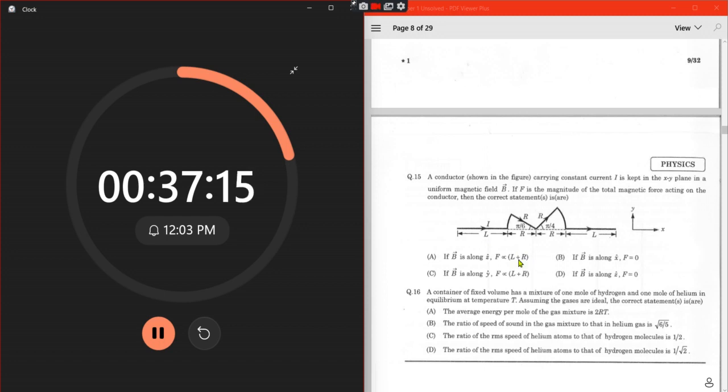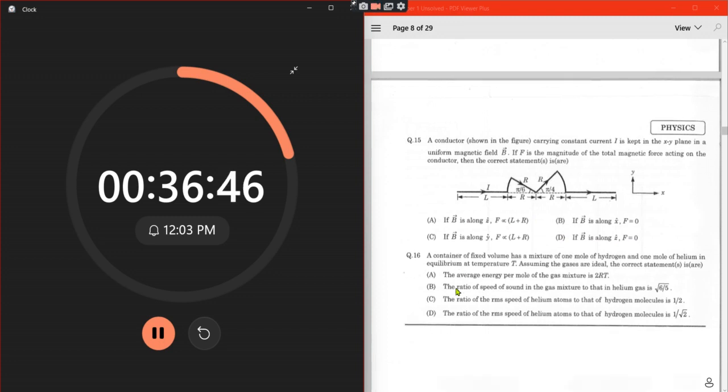In any case it is proportional to L plus R, except of course if B, suppose, is along I hat, then that is problematic. If it's along Z hat it's okay, along Y hat that's also okay. Yes, F is proportional to L plus R in any case. If it's along X hat it's 0, understood. Along Z hat no. So B is correct, A is correct and C is correct, so A, B and C. 15th done.